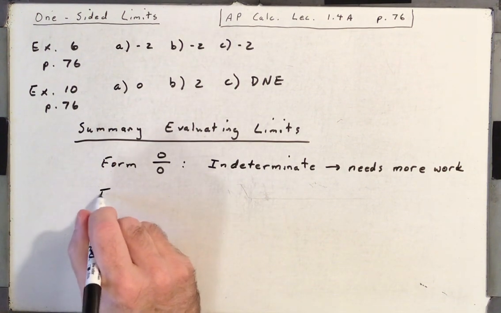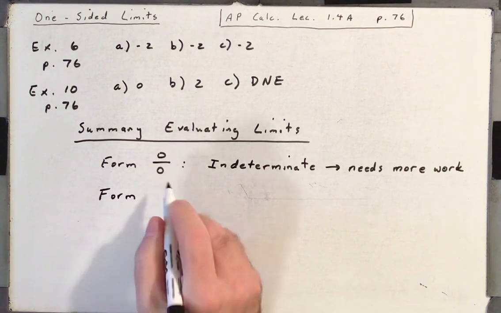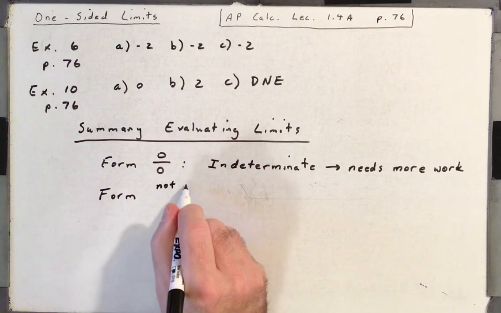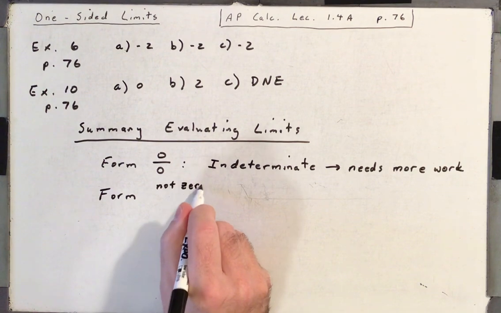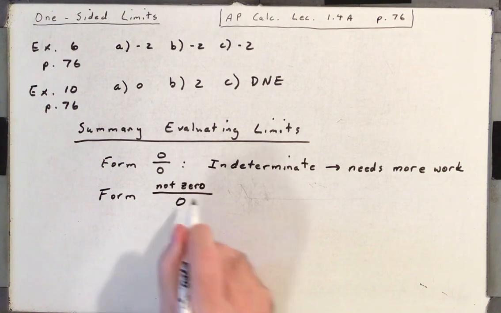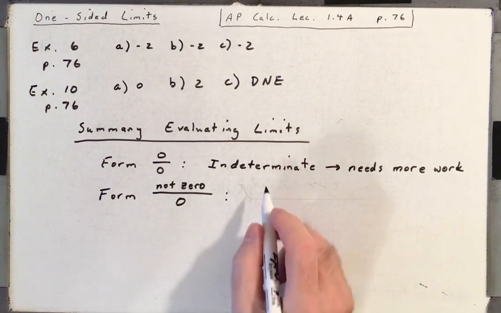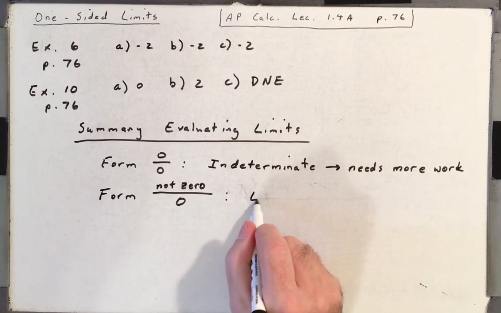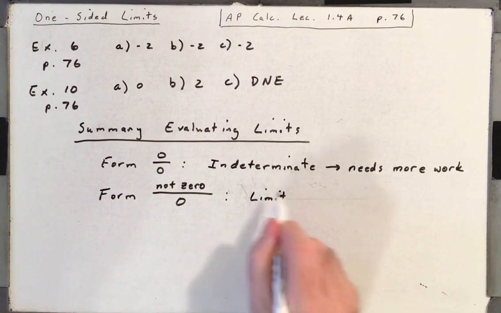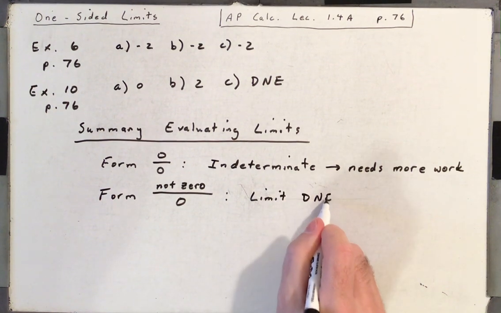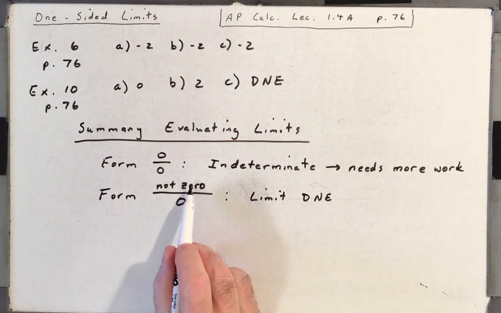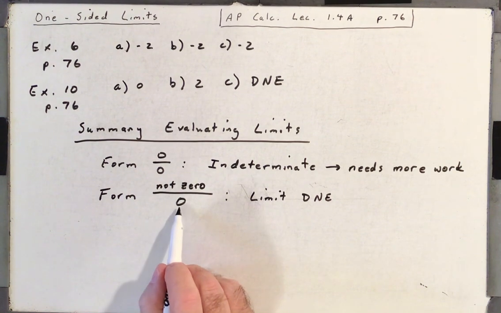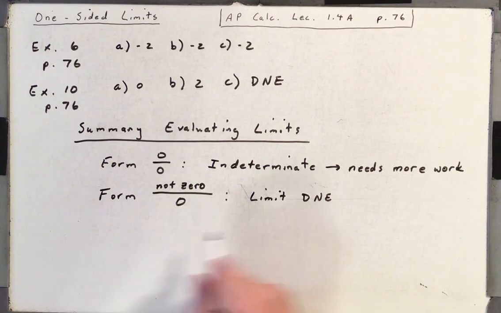You can also get a situation where you have not 0 over 0. Well, then the limit does not exist. If you get not 0, 5 over 0, whatever, the limit doesn't exist. The limit's undefined.